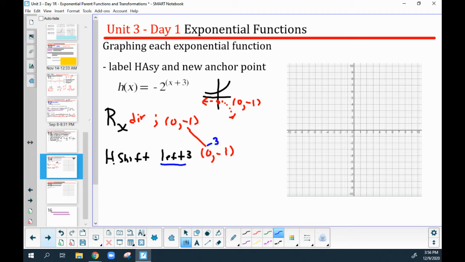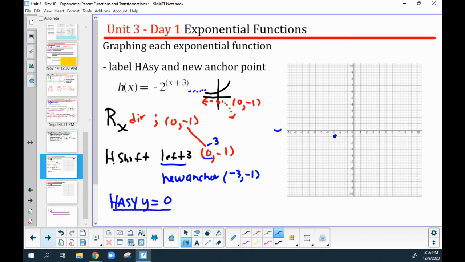It doesn't go anywhere on the y value because there is no vertical shift. So we have a new anchor at -3, -1. Our horizontal asymptote stays the same as y equals 0 because there was no vertical shift.